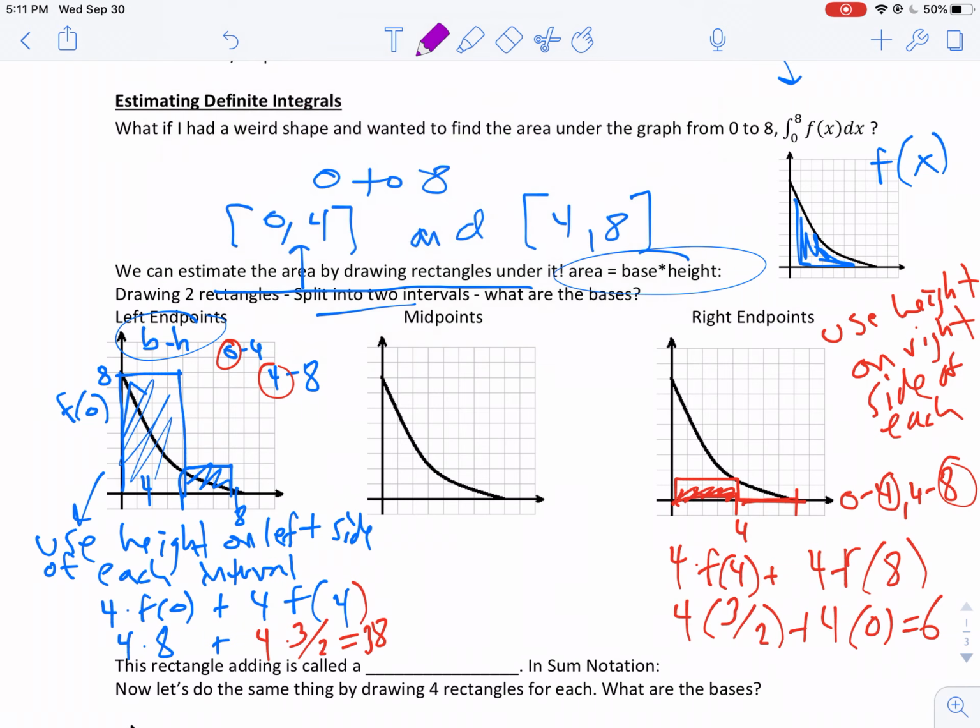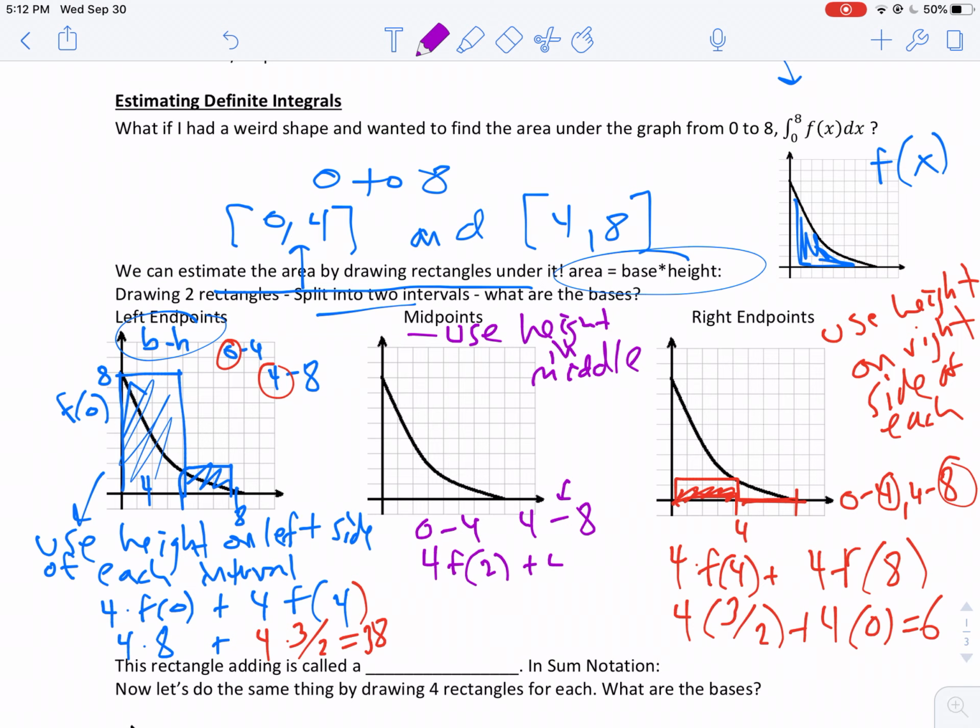So you might be saying, hey, instead of using the right or the left, why don't we use the middle? Why don't we use the height at the midpoint? So use the height in the middle of each interval. And that's the midpoint strategy. So if I go from 0 to 4 and 4 to 8, what if I use the height at 2? I still have a base of 4, but I use the height at 2, because that's in the middle, and halfway between 4 and 8, of course, is 6.